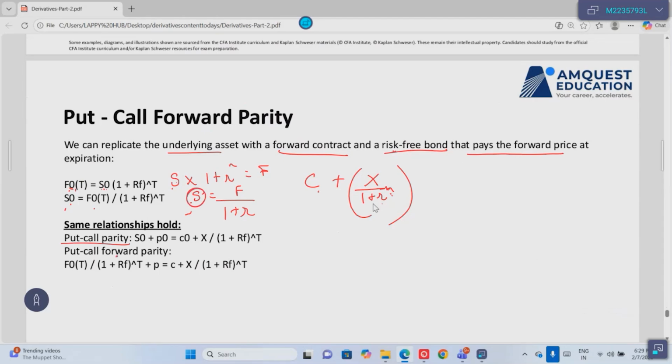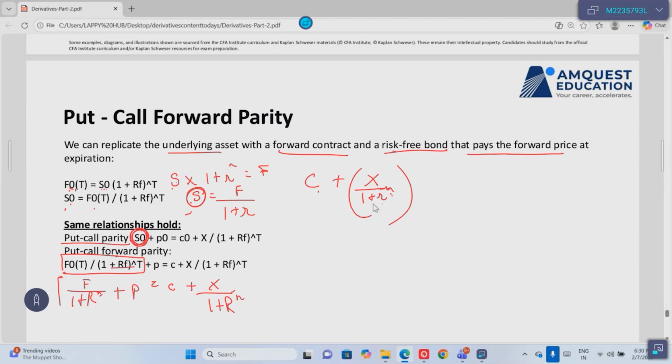Replace this S. S को अगर मैंने कर दिया है like this, I will get the same put call parity, but you need to replace S by this formula, which is forward at time t upon 1 plus R raised to n, plus P, this is S plus P is equal to C plus, और X का भी same नाटक है, X upon 1 plus R raised to n or T point.